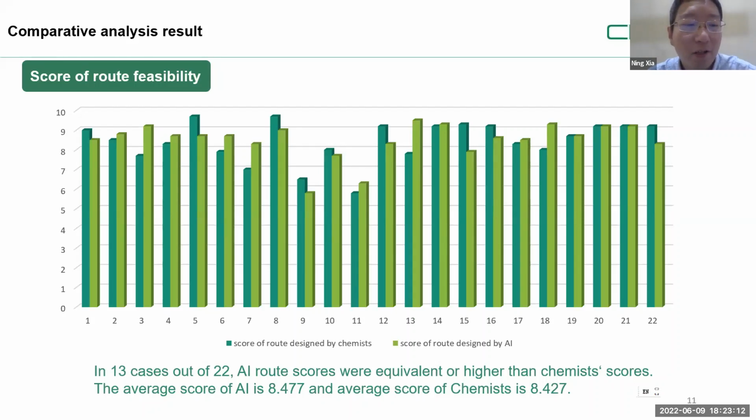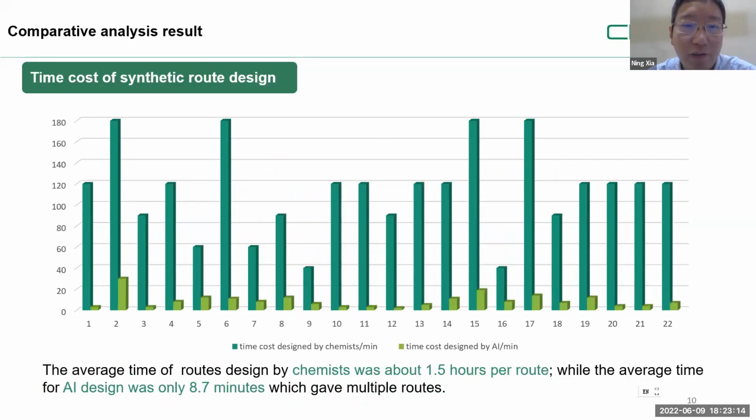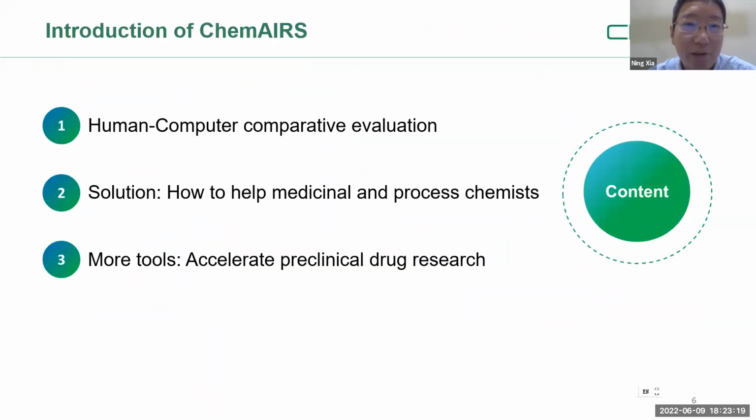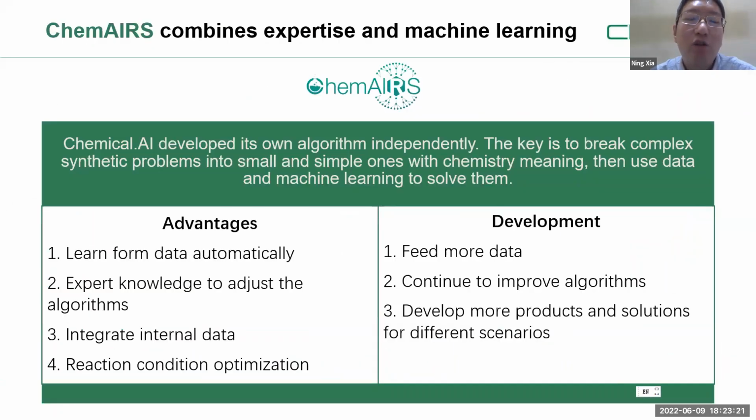So our data quality is quite good, and we also have an algorithm which can automatically learn from the good data, because statistically the good data have more accuracy.